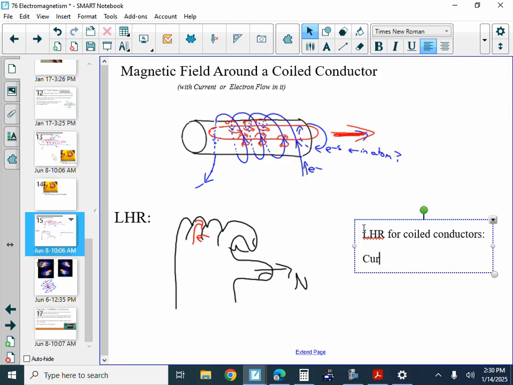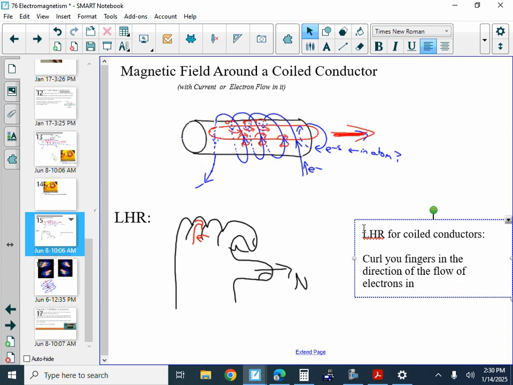Curl your fingers in the direction of the flow of electrons in the coils.